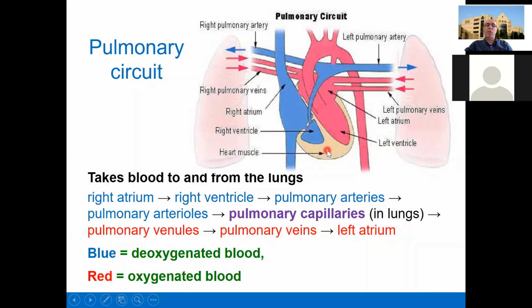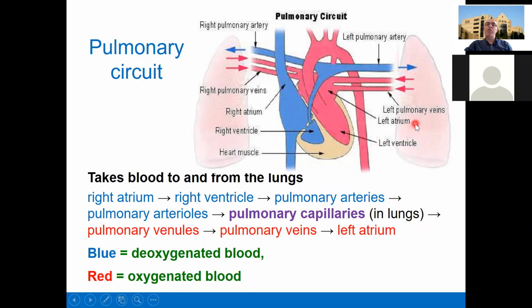From the right ventricle, the blood is transferred through the pulmonary artery to the lungs for oxygenation, and at the pulmonary capillaries gas exchange occurs.